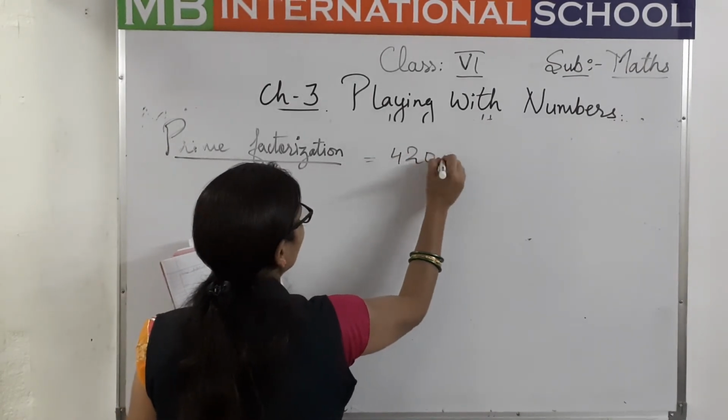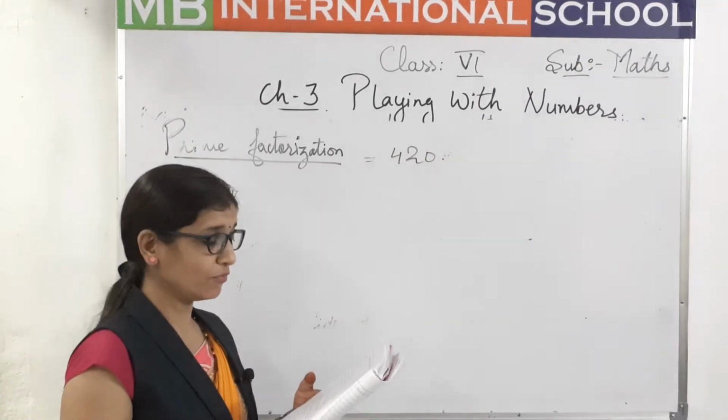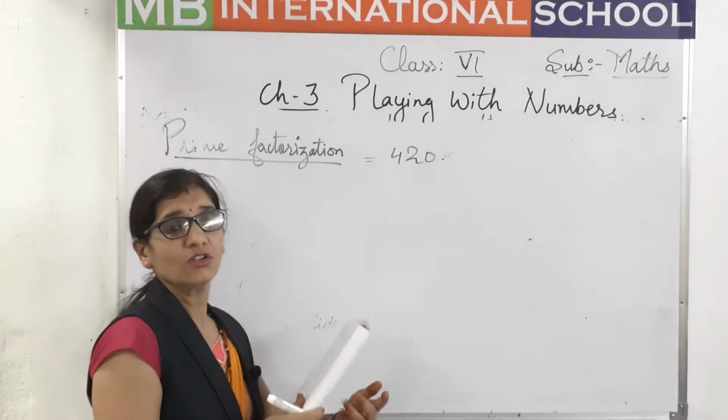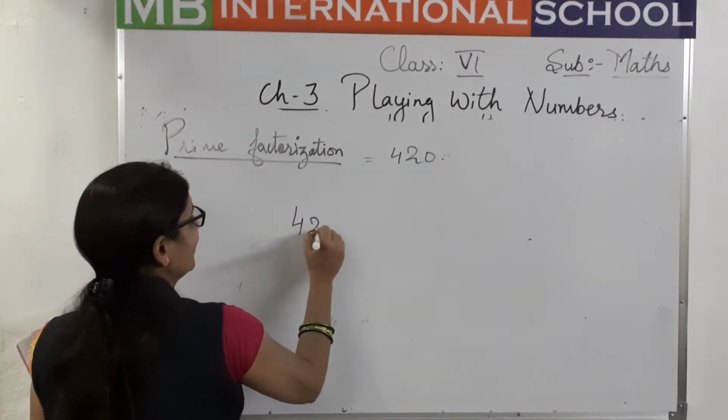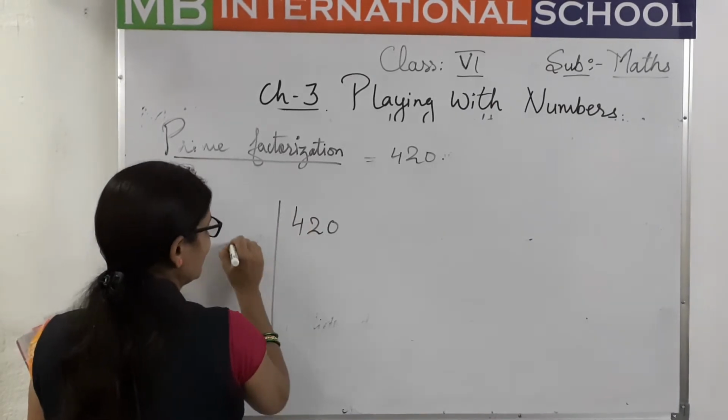We have to find the factorization of the number 420. First of all, we are going to find out how to find the prime factorization by the factorization method.